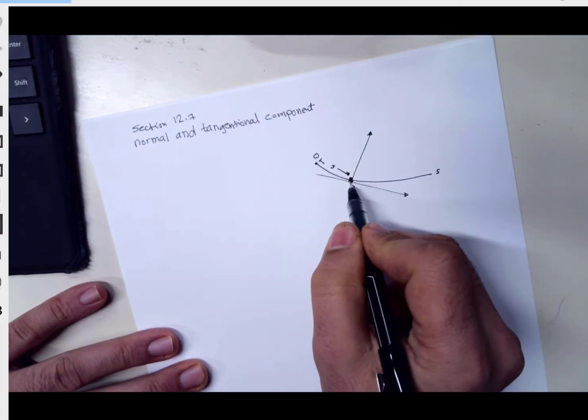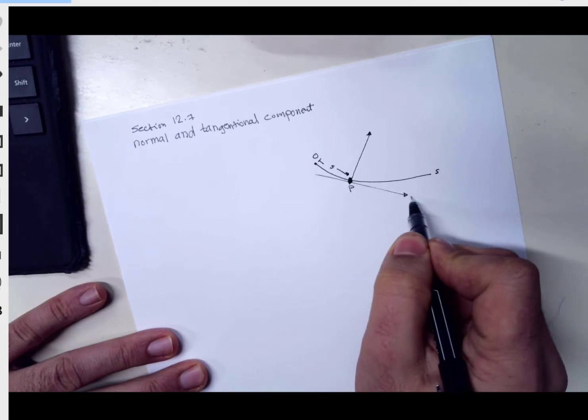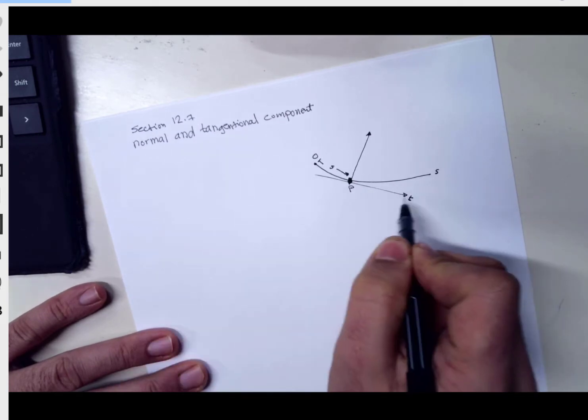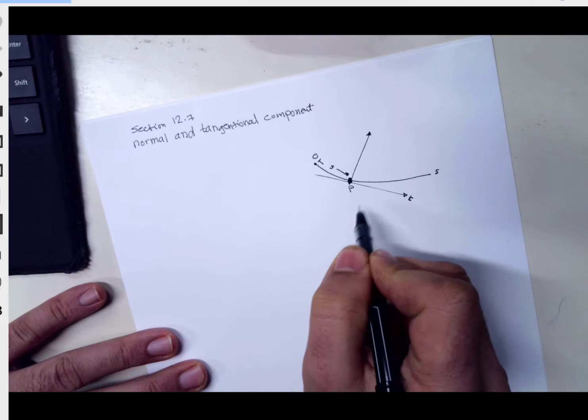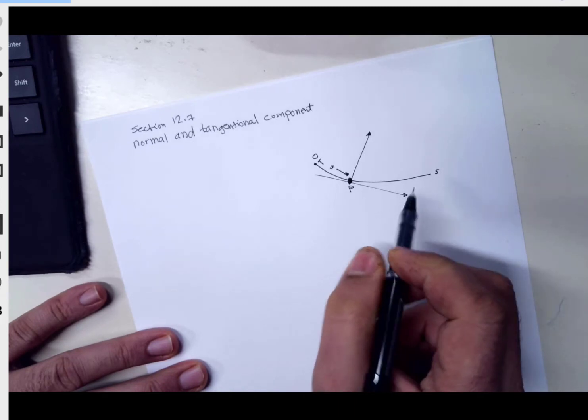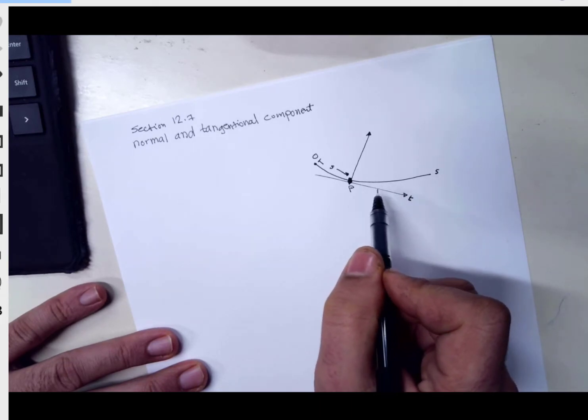One is tangent to the path; I'm going to call it tangent, and its direction is along the rate of change of that particle's motion.